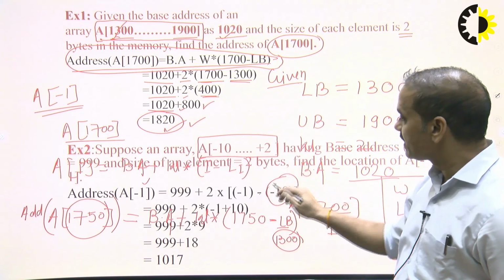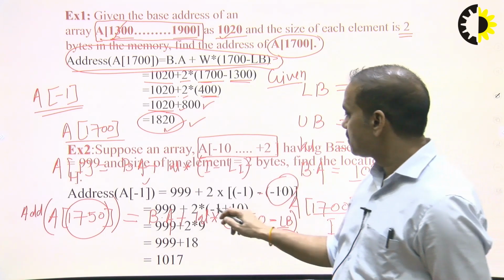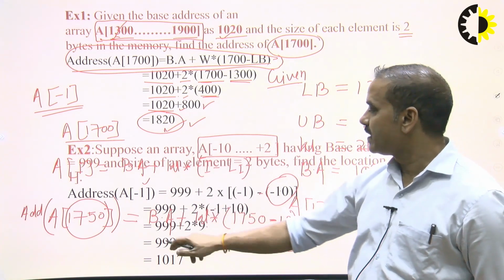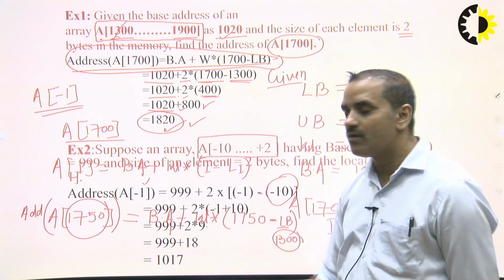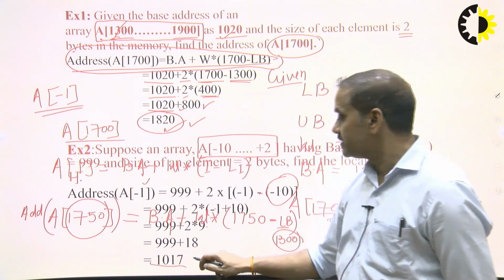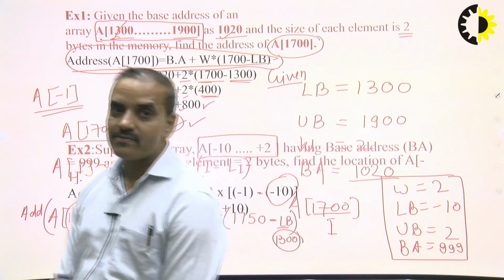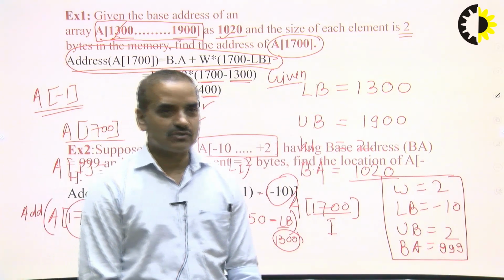After opening the bracket, this minus is converted into plus: minus 1 plus 10 is 9, and 2 multiplied by 9 is 18. 999 plus 18 gives 1017. This is the value which shows the address of the element at location minus 1.